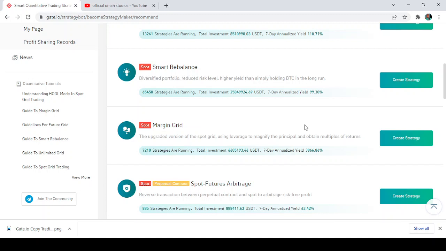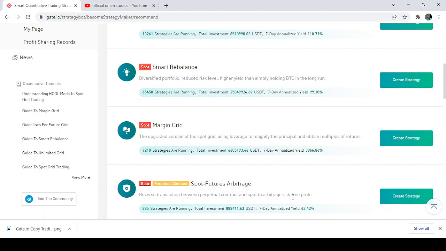So the next one I have here is the spot futures arbitrage. The spot futures arbitrage is a reverse transaction between perpetual contract and spot to arbitrage risk-free profits. Just like one of the golden rules in the traditional financial market is that high risk often leads to high returns.